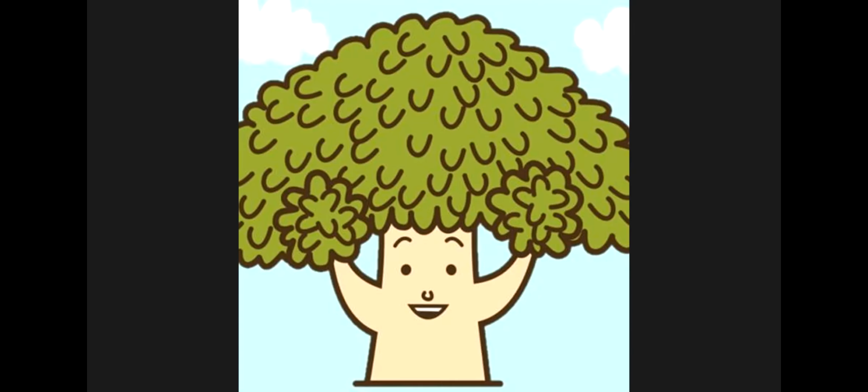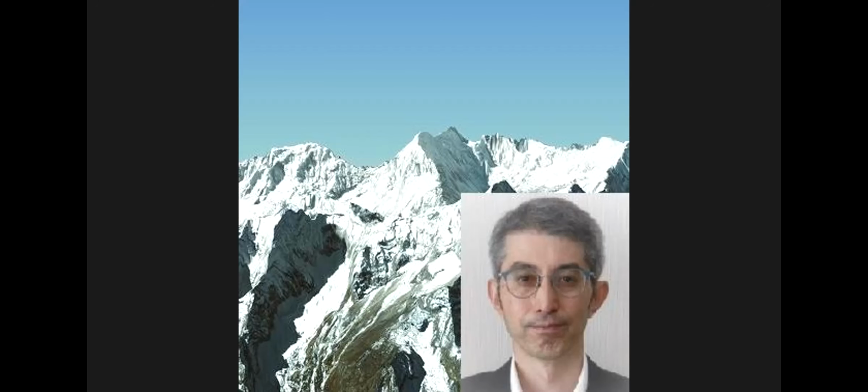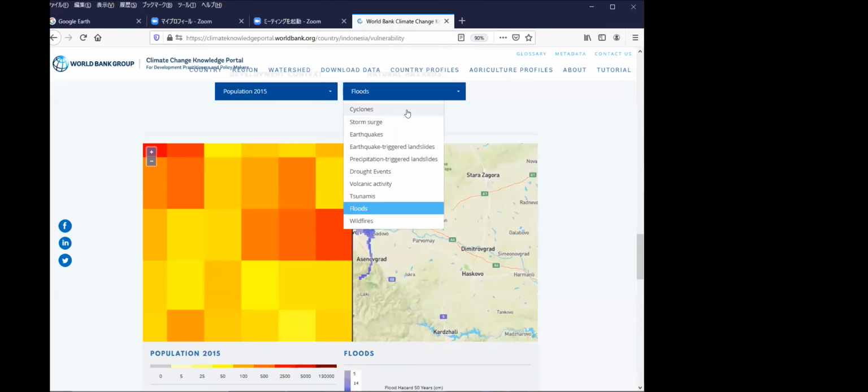Man-made disaster like Lebanon's Beirut explosion that happened in August 2020. We cannot see. I go back to the database.